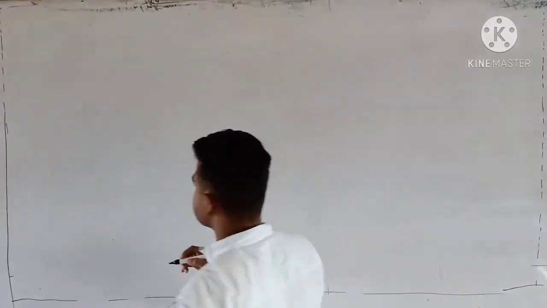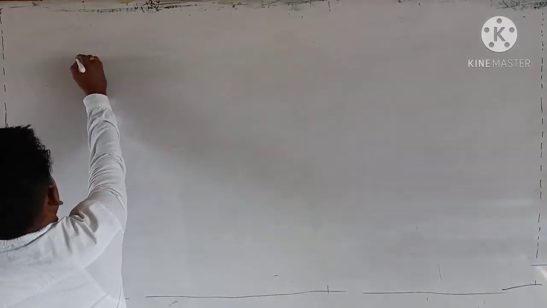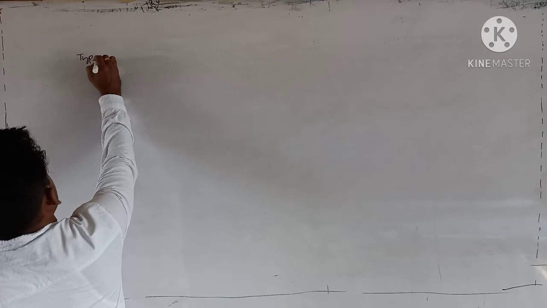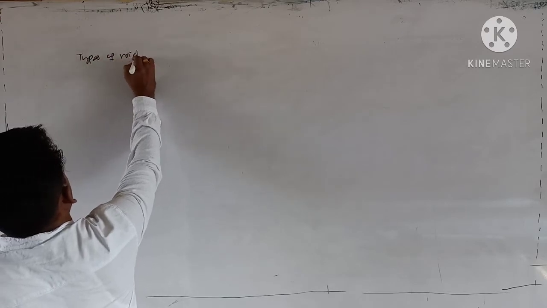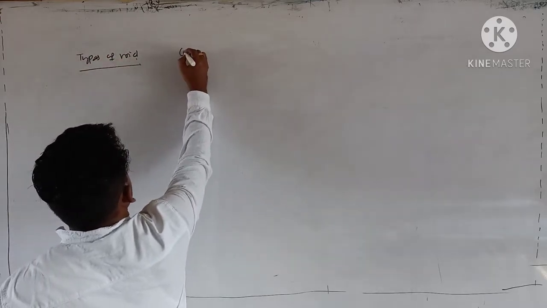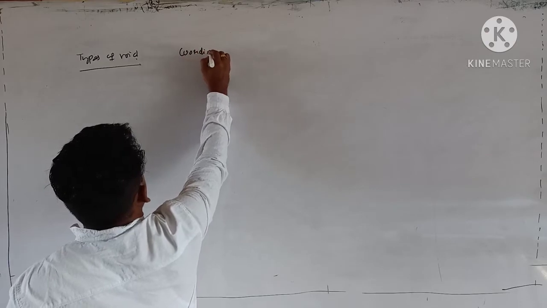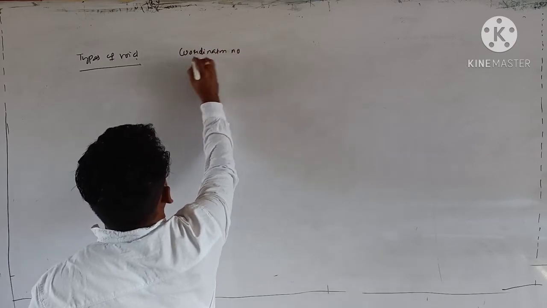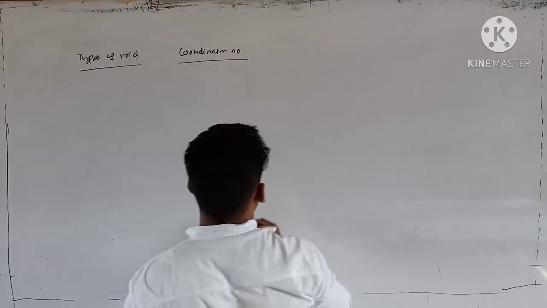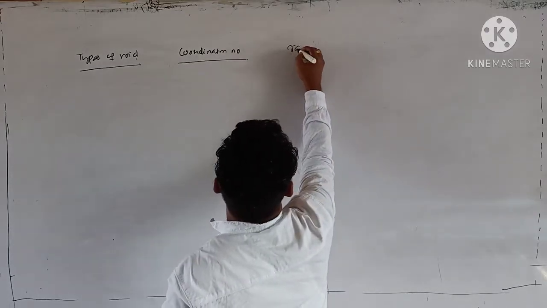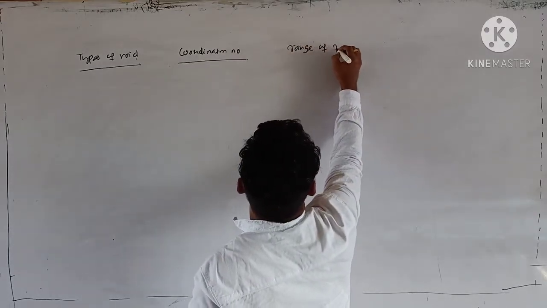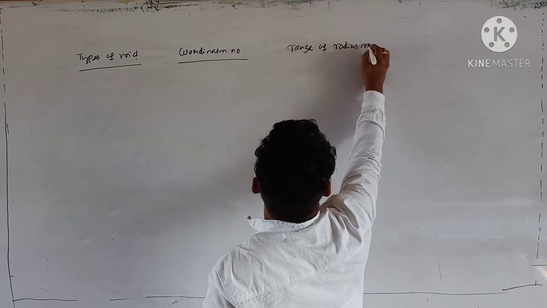So I can write the final conclusion. You can write: types of void, next coordination number, and finally range of radius ratio.